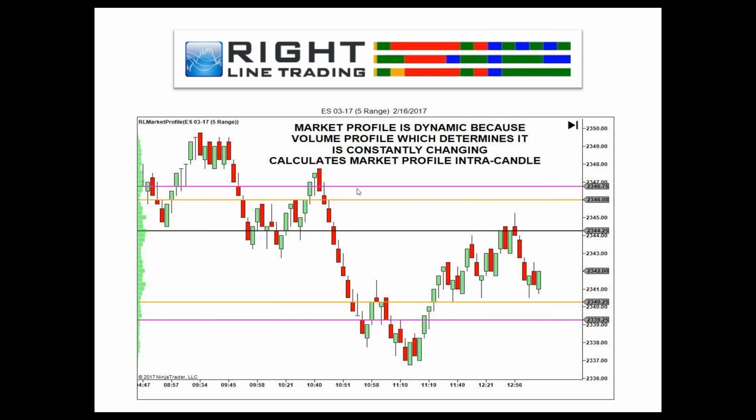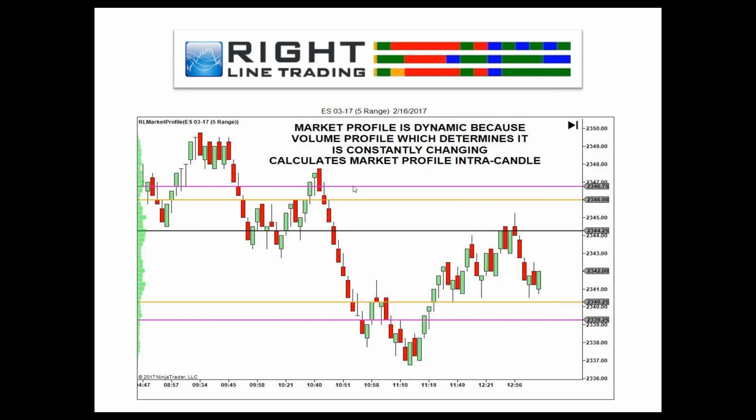So imagine if you're trading a 3-minute and you think you're using the value area high as an area of support, at candle close, that value area high may disappear because volume profile has changed so much that the value area high is now shifted. This is what happens when your market profile formats at candle close.